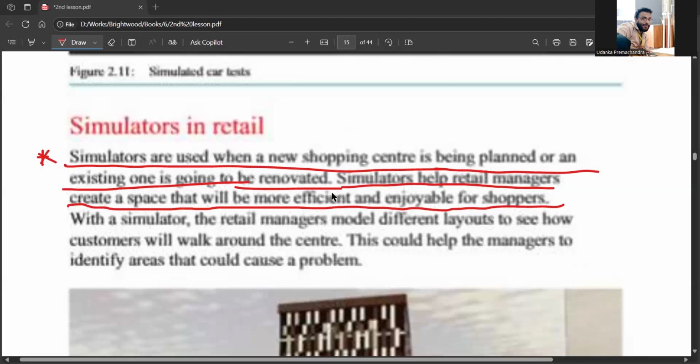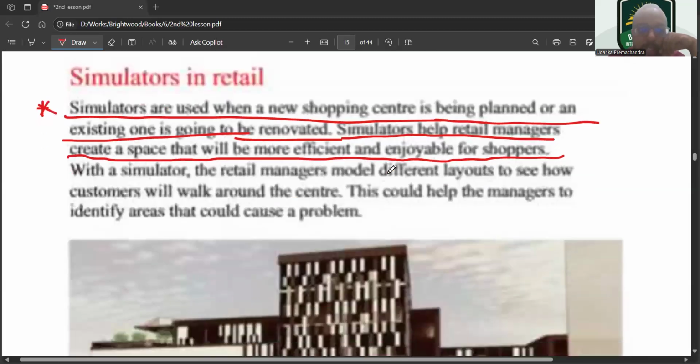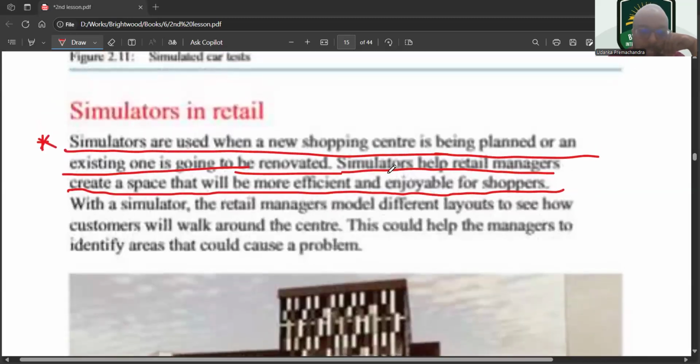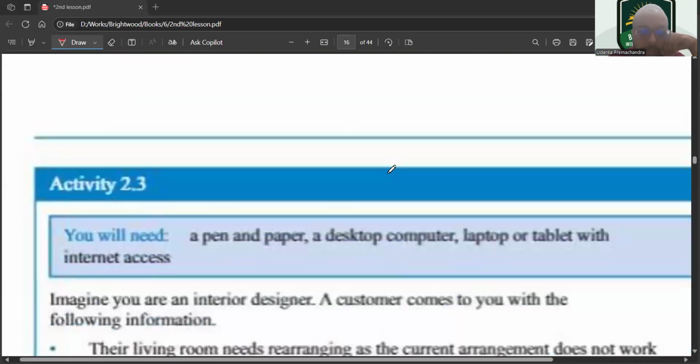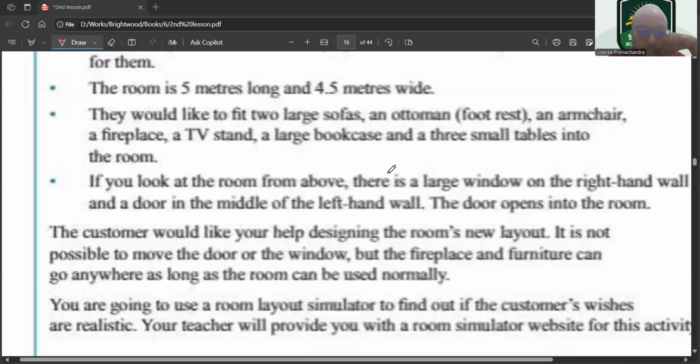So simulators can be used in retail management and customer support. There are many, many ways that simulators can be used, not only in one place.